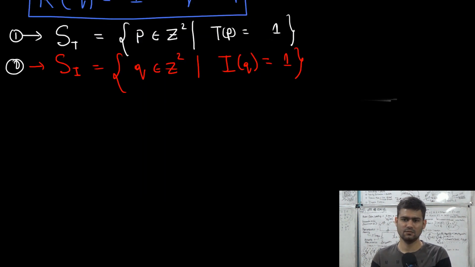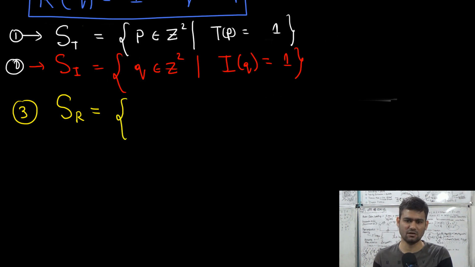So we have set SR, which is obtained by eroding the image I with the structuring element ST. So this set SR is given, in terms of basic set operations, by a set of all pixel coordinates.